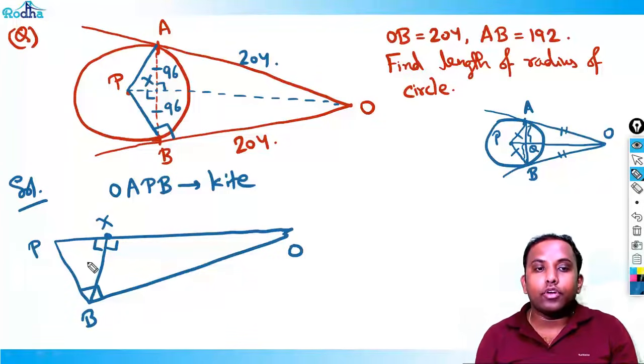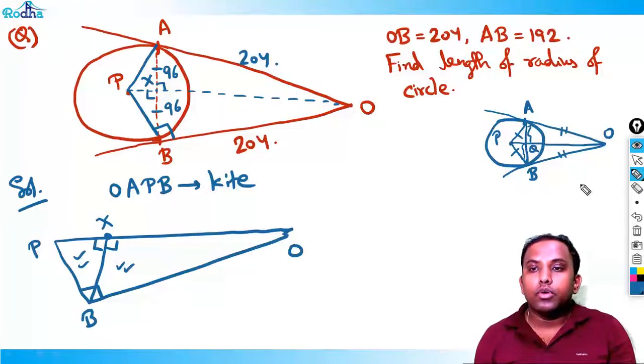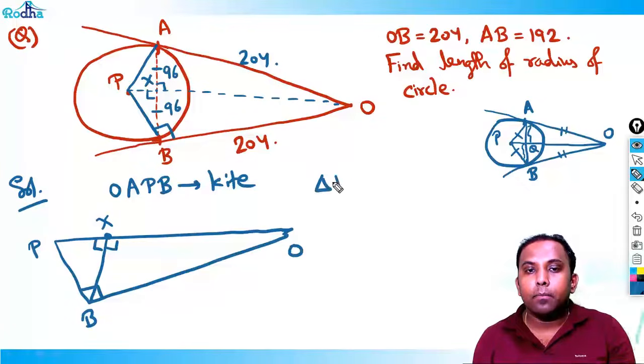If you take any pairs of triangles here, one bigger one and one small one, all three pairs of triangles are similar here. We have studied this. So for finding the length of this BP, I'll use similarity. We know that triangle PXB is similar to triangle XBO.